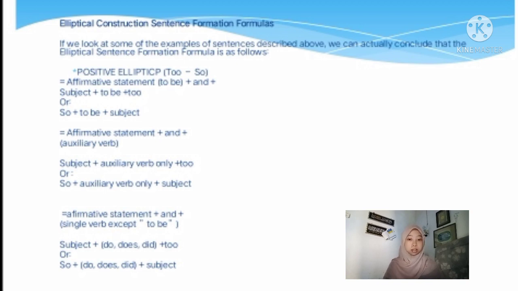Affirmative statement and auxiliary verb: subject plus auxiliary verb only plus too, or so plus auxiliary verb only plus subject. 3. Affirmative statement and single verb except to be: subject plus do, does, did plus too, or so plus do, does, did plus subject.